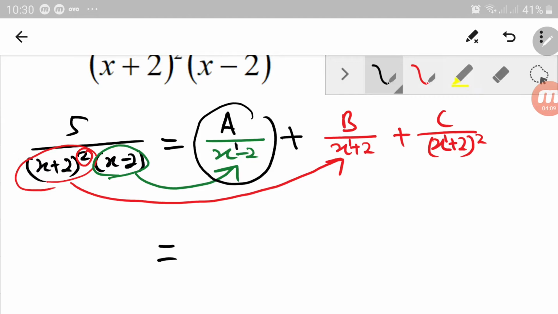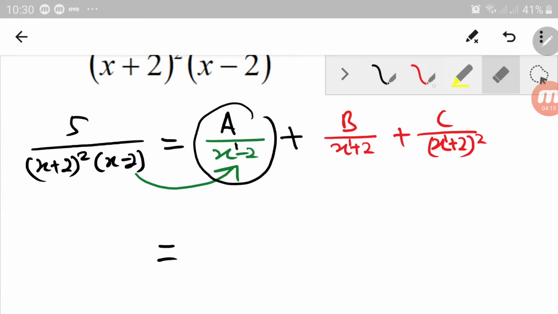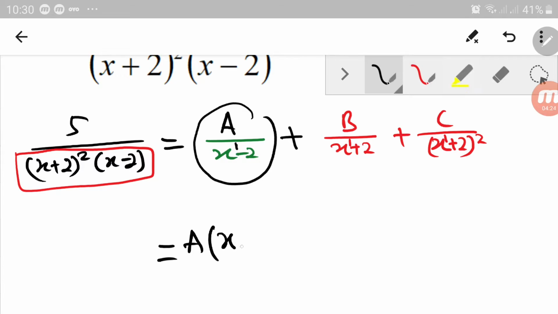By referring to this collection of brackets, I erase all the red ones. By referring to all this, the red box, A doesn't have (x + 2) squared. Because we want to complete the denominator, right? So A still needs (x + 2) squared.